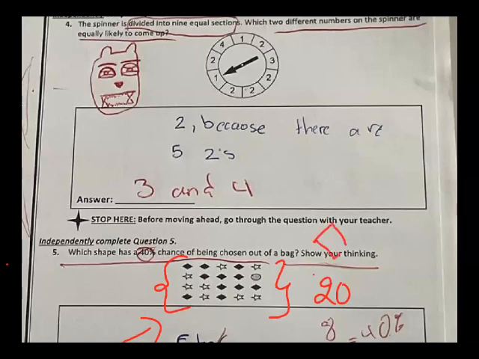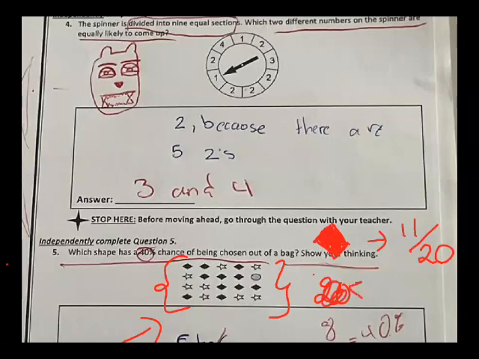So now the first shape, let's see this shape. It is a rhombus. Now tell me how many rhombuses are here. 1, 2, 3, 4, 5, 6, 7, 8, 9, 10, 11. So it is 11 over 20. Okay, the next.